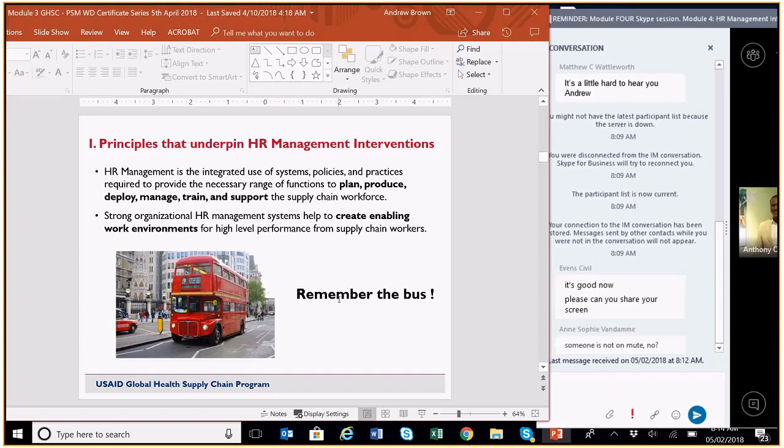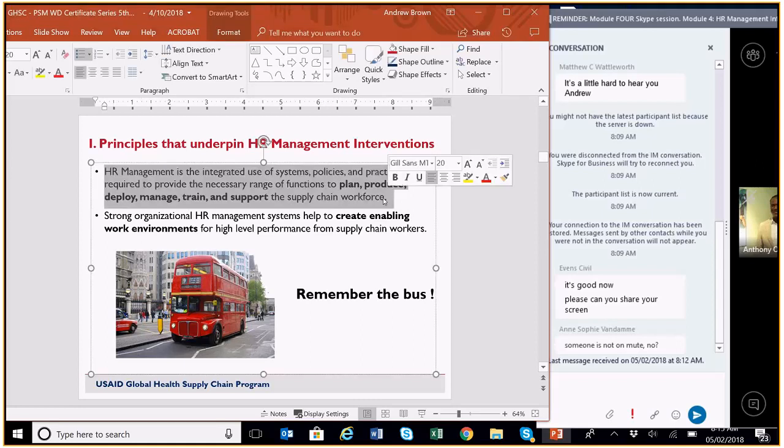this bus. And our overall aim, if you remember again from our first webinar, was to be able to integrate the use of systems, policies and practices required to provide the necessary range of functions to plan, produce, deploy, manage, train and support the supply chain workforce.